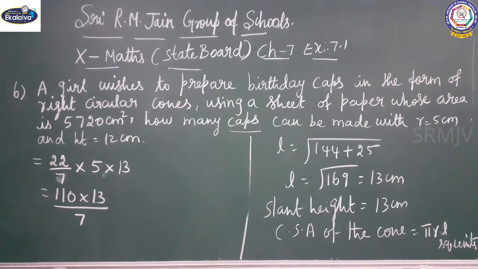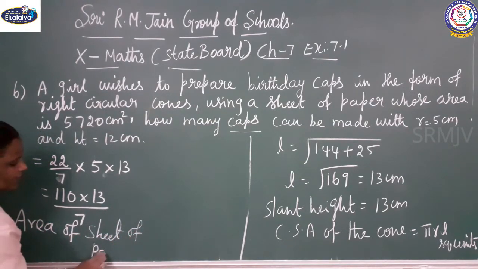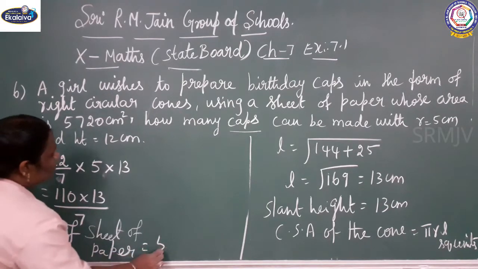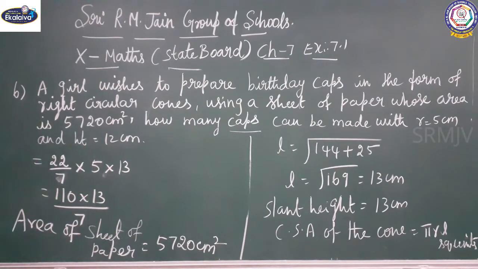So you should find out the number of caps from the area of the sheet. Area of the sheet of paper is given as 5720 centimeter square. Now you should find out the number of caps that can be made with this radius and height.